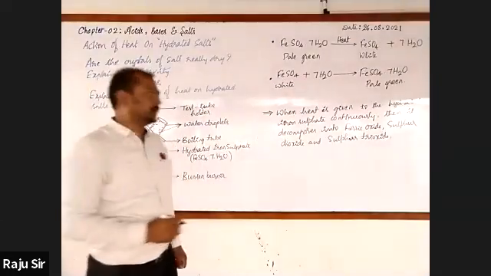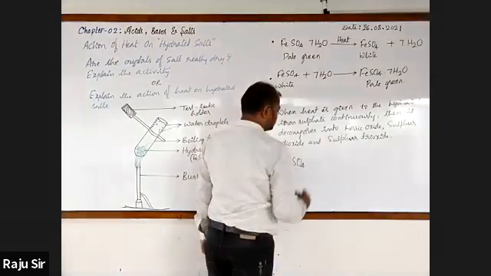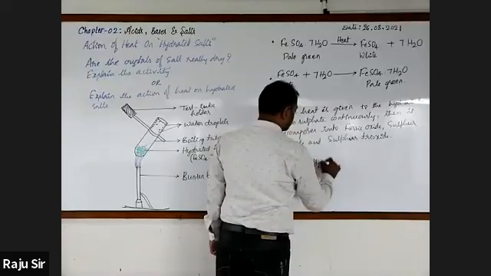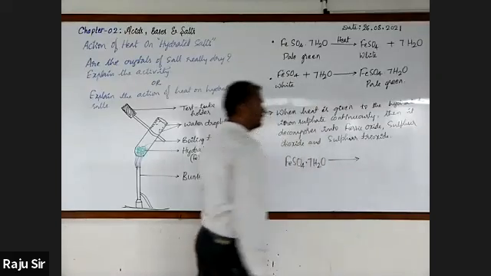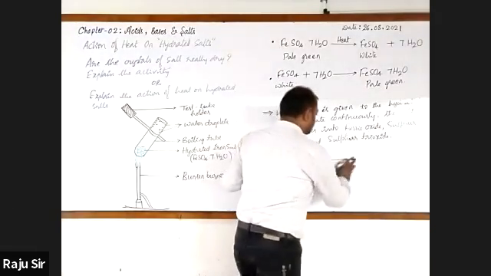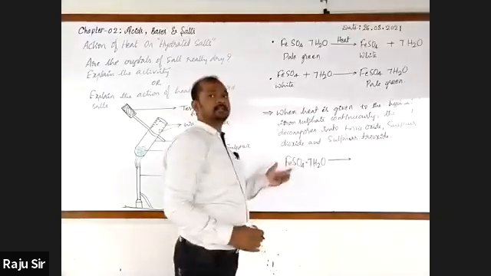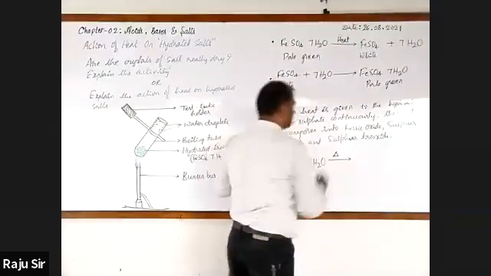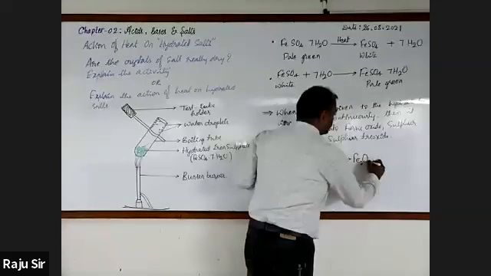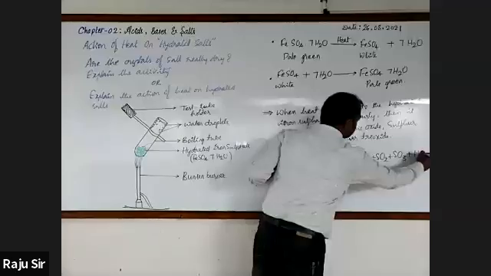And write the chemical equation with respect to it: FeSO4.7H2O, hydrated iron sulfate. Then when water gets removed, we will get FeSO4, and as it is heated continuously, we will get Fe2O3 plus SO2 plus SO3. You can write that.